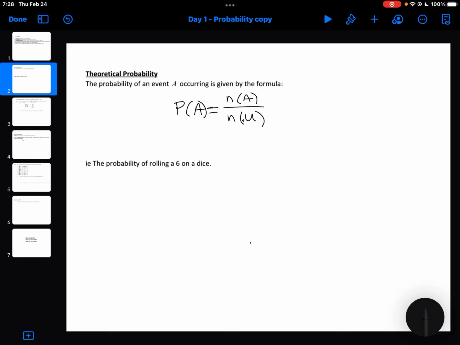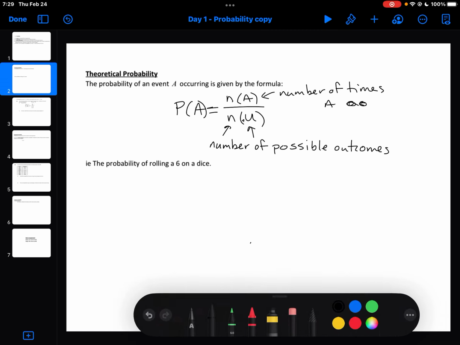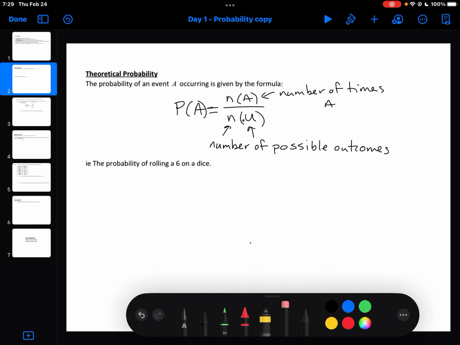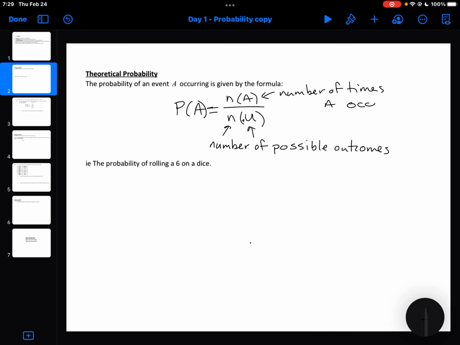A represents the event, N is for number, and "occurs" starts with an O, even though we're talking about event A. And then P(A) is the probability of event A occurring.